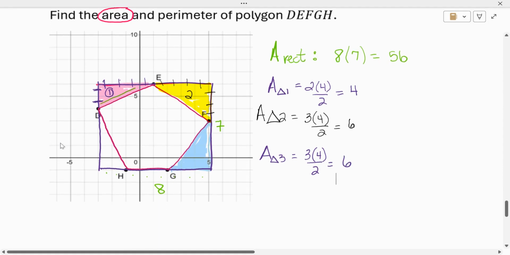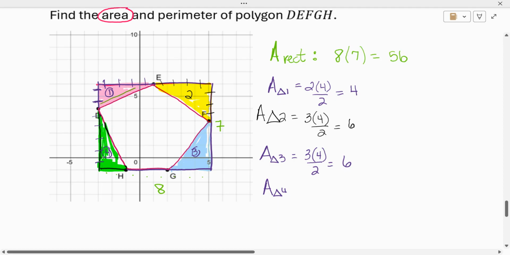Triangle number 4. Avery, I'm coming to you for triangle number 4. Base and height. What are the measurements that I'm using for triangle number 4? 2 and 4. I think it's actually 2 and 5. 1, 2, 3, 4, 5. Do you see that? Okay, good job.